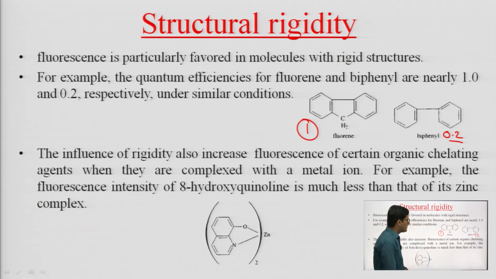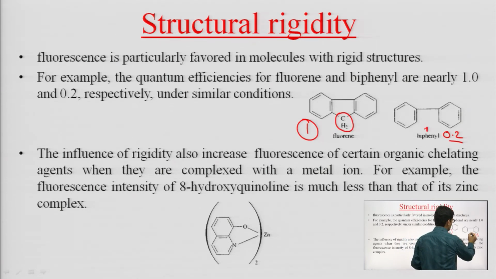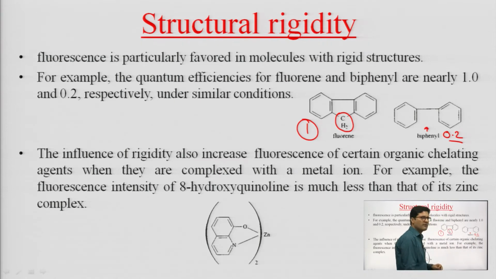And if you look closely, both structures have only one difference, this CH2 methylene group. So, here biphenyl does not have a methylene group. This methylene group actually joins the two aromatic rings and makes the structure more rigid, whereas in case of biphenyl the methylene group is not present.